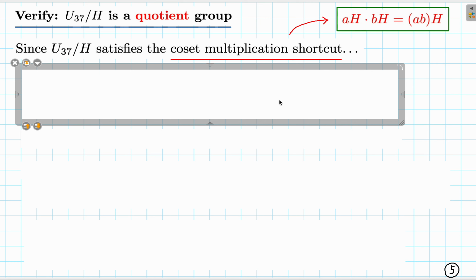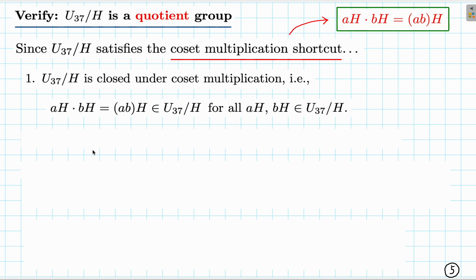Let's start with closure. So given a pair of cosets, AH and BH in U37 mod H, in particular, we know that these representatives A and B are in U37. So when we multiply these cosets by the shortcut, we get ABH.